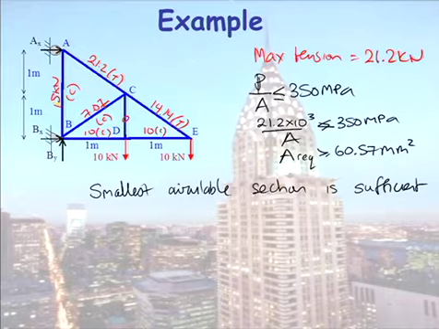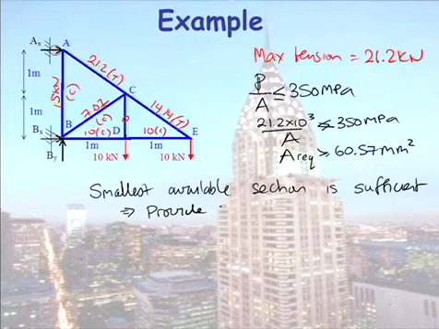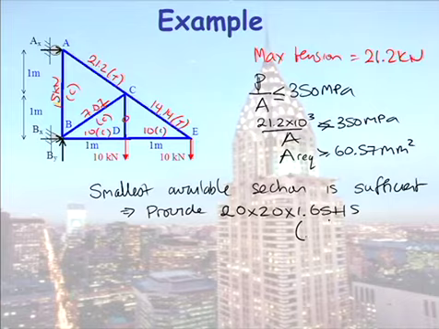Therefore, provide that section, a 20 by 20 by 1.6 square hollow section. And when you do your reports, to save us going and checking, tell us what the area is. The area is 111.